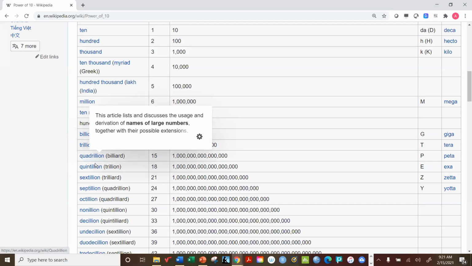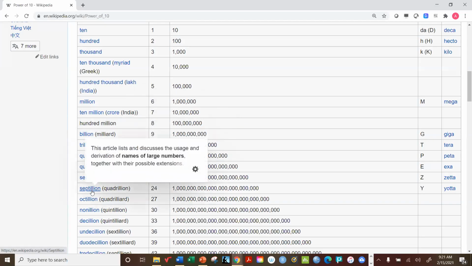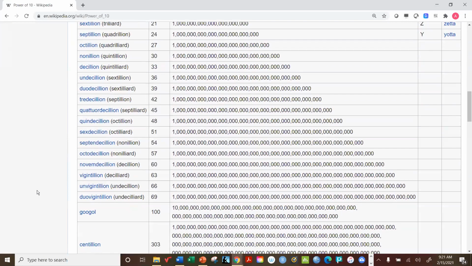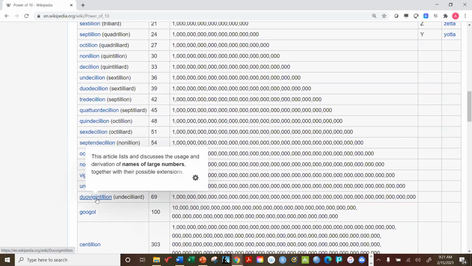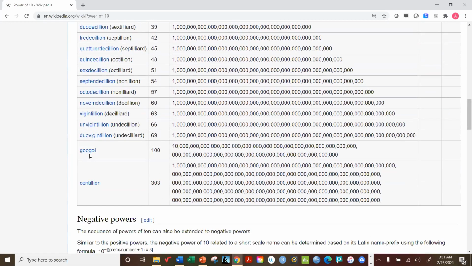Quadrillion is followed by quintillion and sextillion and septillion, octillion, nonillion. Look at them all. Look how far it goes. Duovigintillion has 69 zeros.